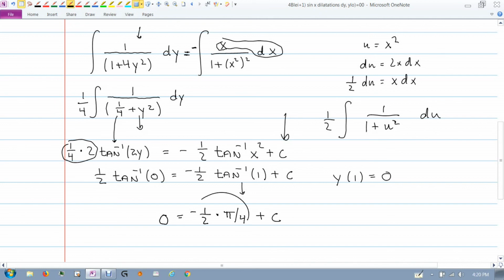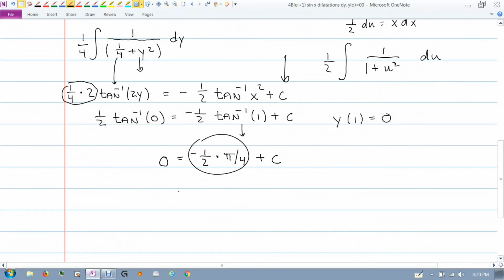So if I just move all this to the other side, I get pi. I'm just basically adding that to both sides. I should get that c is equal to, where did my 1/2? Oh, no, hold on. 1/2 pi over 4.